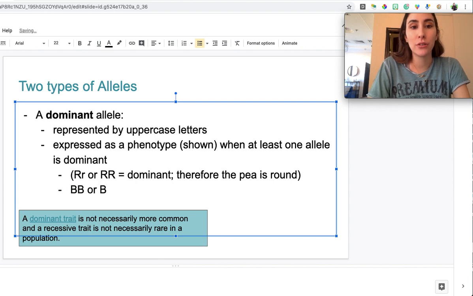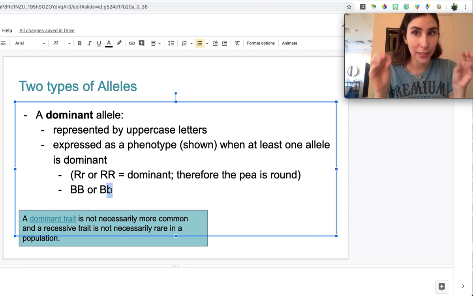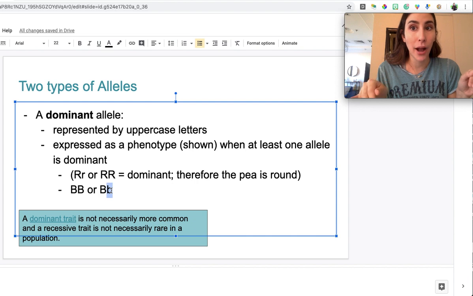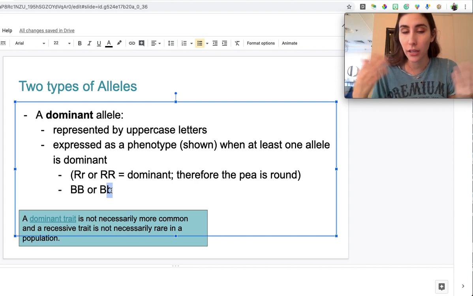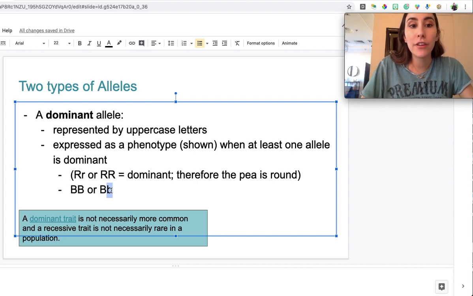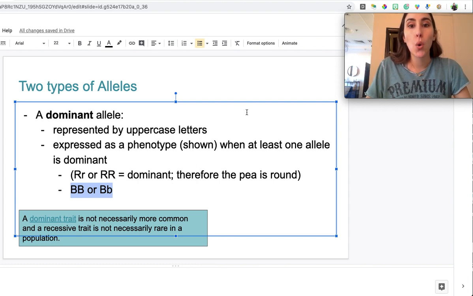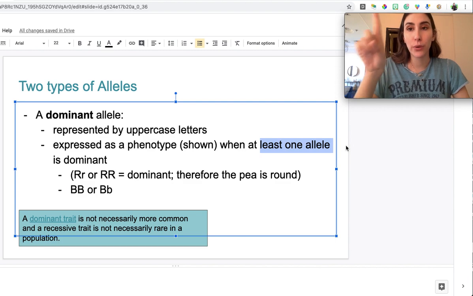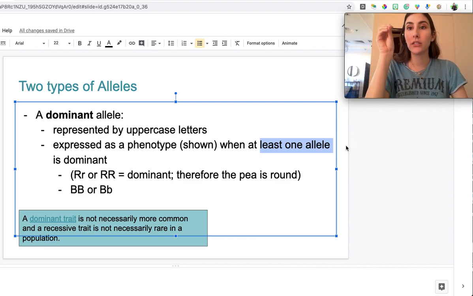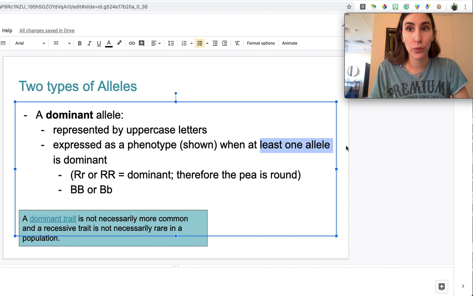If this is my genotype, even though we have the non-brown-eyed allele, which I'm representing with a lowercase b to say that this is not brown, this is another color, in this case green, in my example, even if both of these variations exist, my eyes will still be brown, because as long as you have at least one allele present and it is dominant, that trait will show. And that is why my eyes are brown.